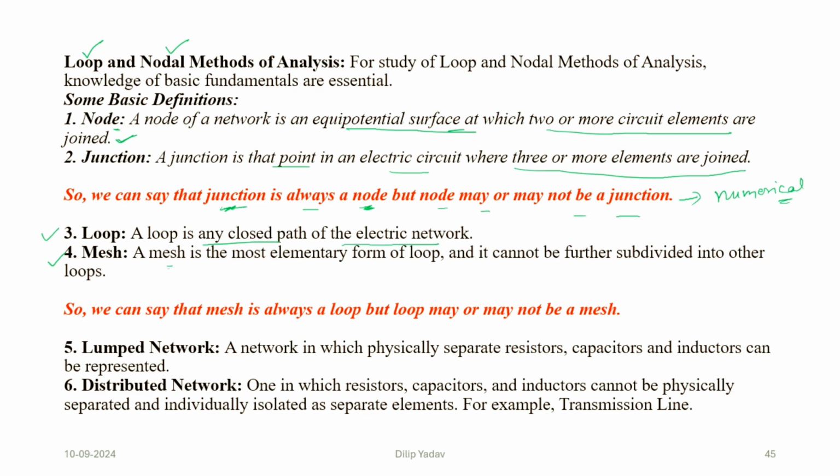A mesh is the most elementary form of the loop, and it cannot be further subdivided. This is important. This cannot be further divided into another loop. For this also we will have some numerical to understand the difference between the loop and the mesh. So we can say that the mesh is always a loop, but a loop may or may not be a mesh because it cannot be further subdivided.